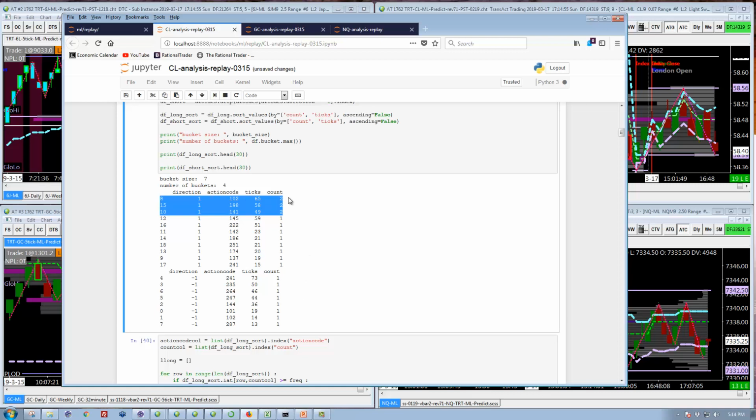You can see there are only 3 now. This is the frequency, the count 2. So only 3 long codes showed up in 2 buckets and no short codes.